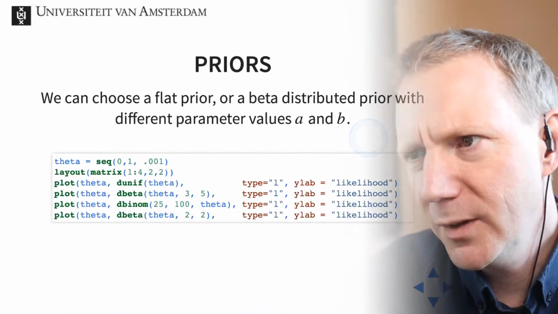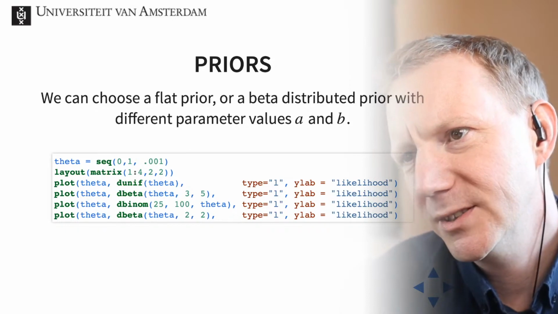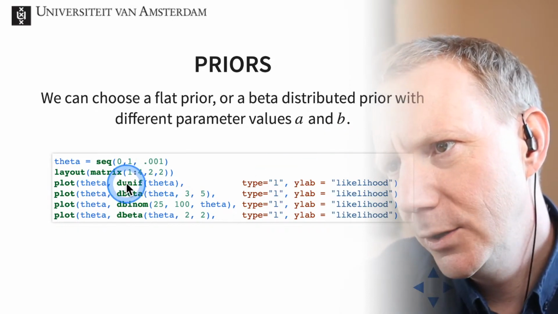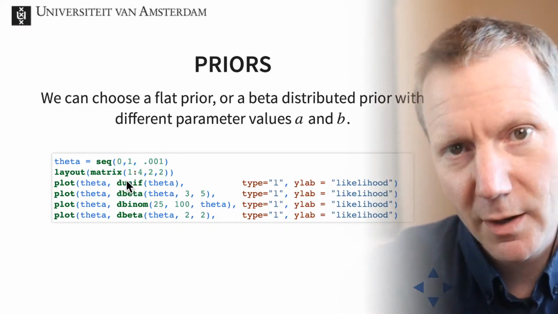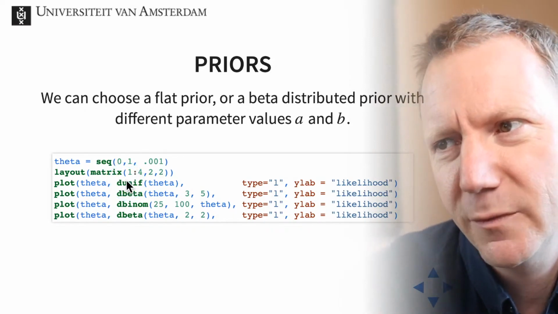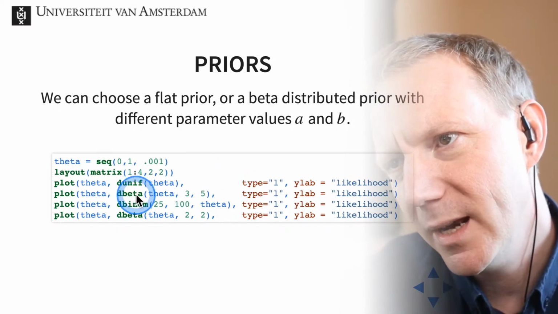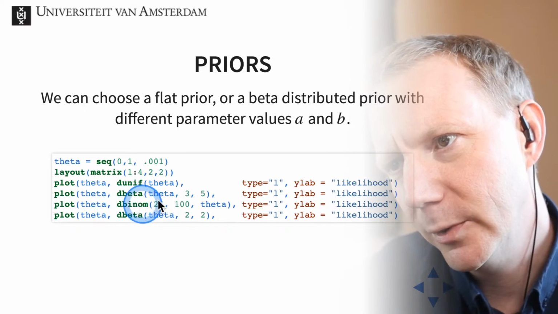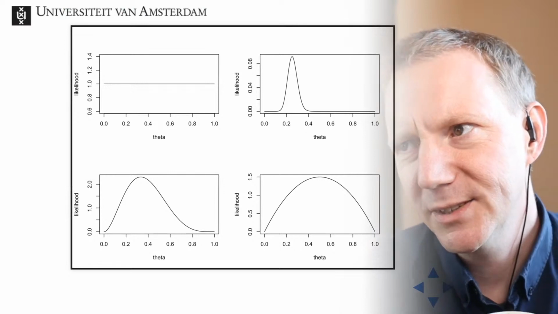So what I've done here is I've created four priors, one based on a uniform distribution, a flat non-informative prior, and then one that's a beta distribution and a binomial distribution. So we're going to look at these priors. They look a bit like this.